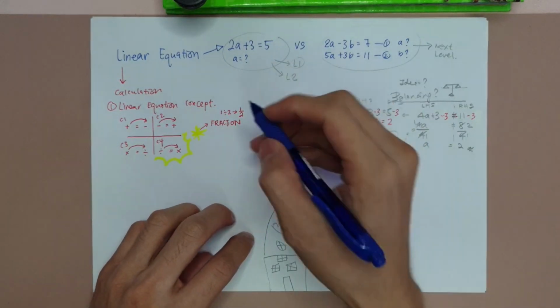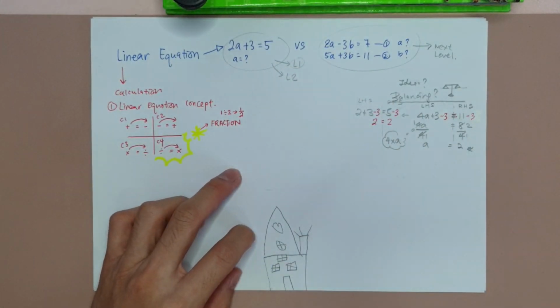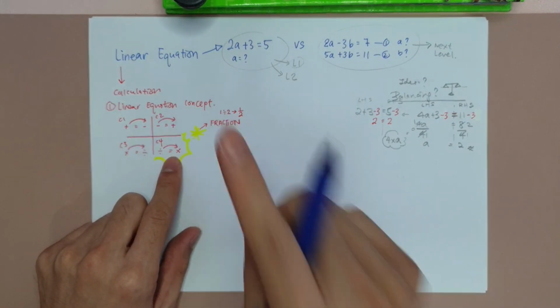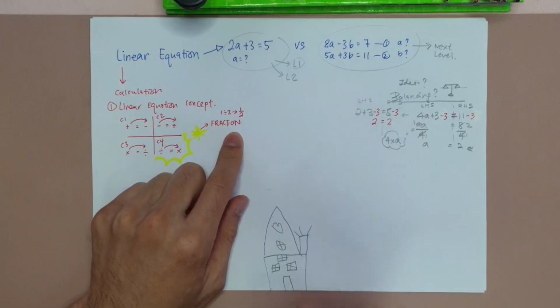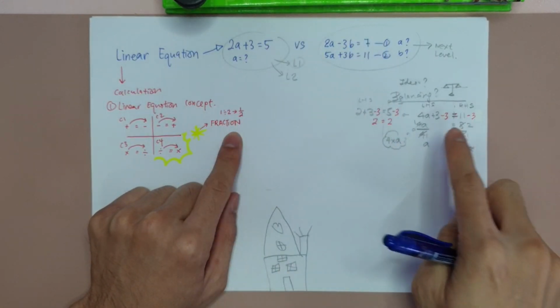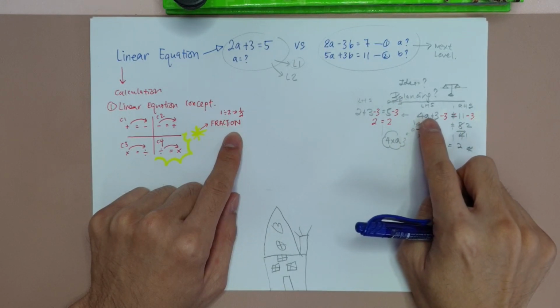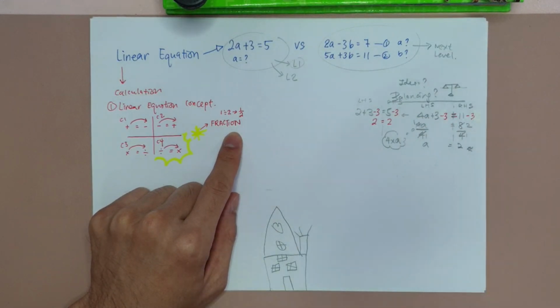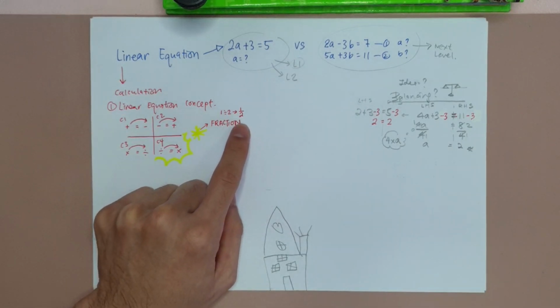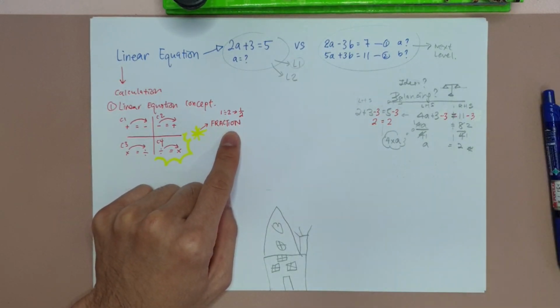Okay, everyone, you have to keep this in your mind. Whenever you see a fraction in a linear equation question, is there any fraction in 2a plus 3 equals 5? No. Is there any fraction in 4a plus 3 equals 11? No. A fraction is something like this, pecahan.